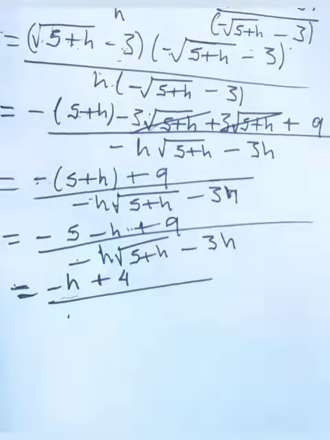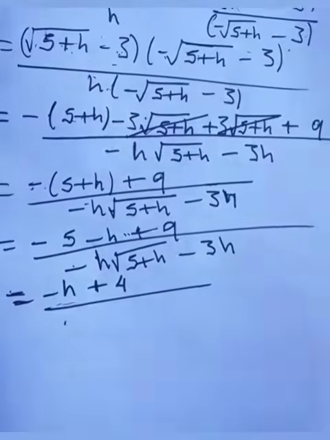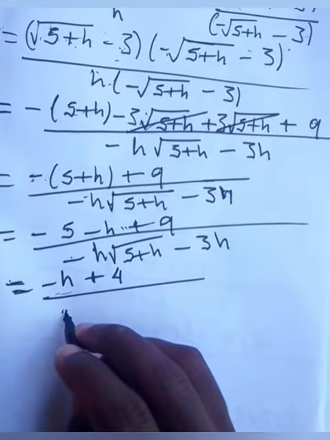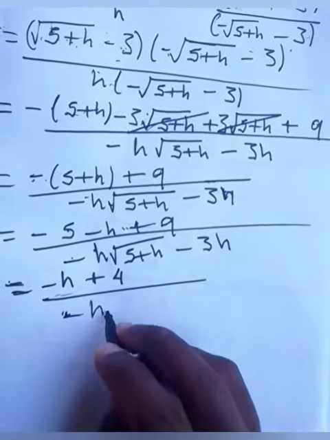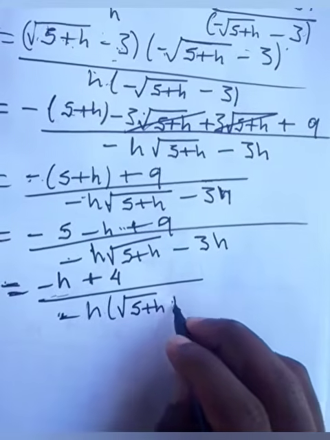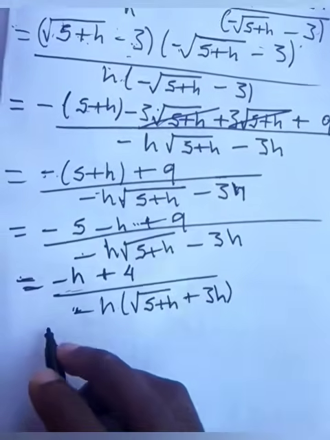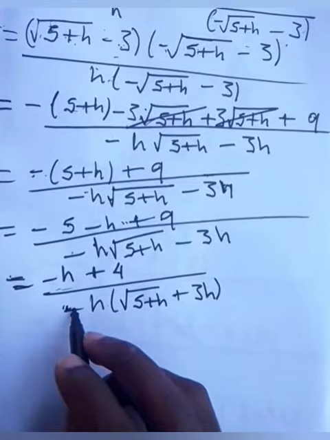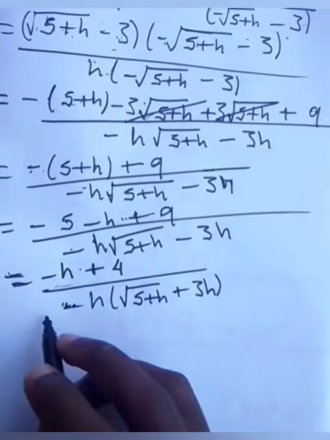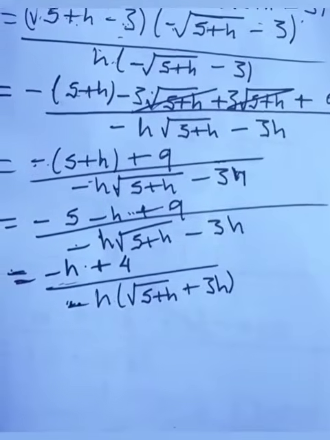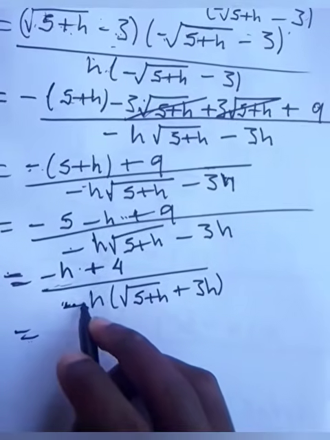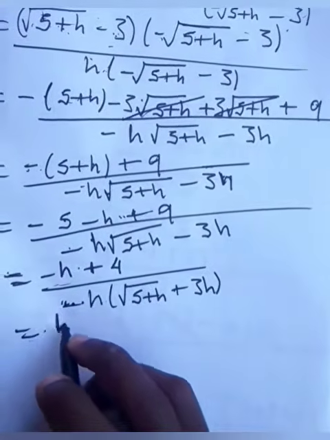We're trying to leave our answer in the simplest format, so we can factorize negative h. We have the square root of 5 plus h plus 3h. This negative we can divide into the numerator. If we divide this negative into the numerator, you're going to have h minus 4.